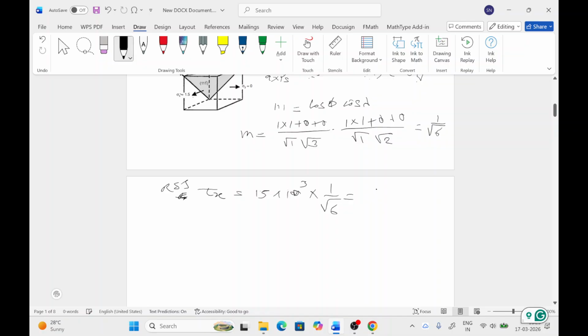So we can write it as 1.5 by root 6 megapascal.